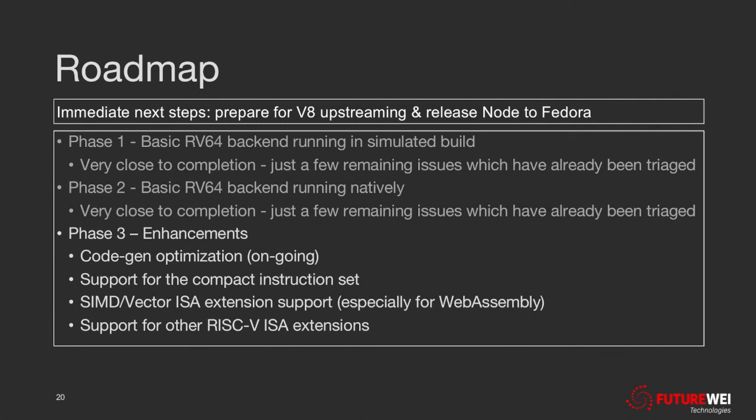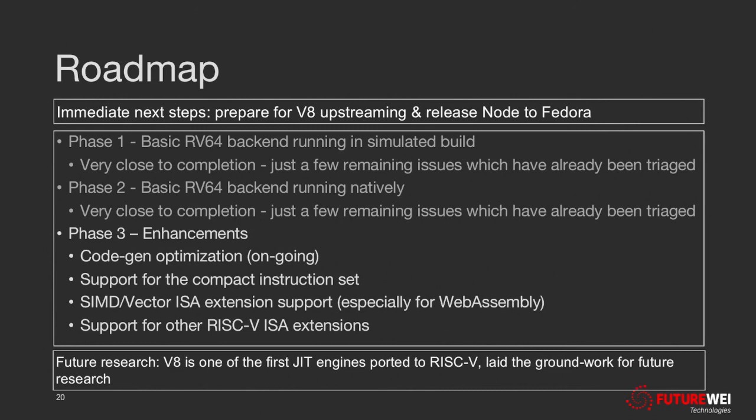There are 2 pieces of work that are ongoing. One is code gen optimization. The other is adding support for the C extension, the compact instruction set. And we would like to engage with the community on the other extensions. For example, we have our eye on SIMD and vector extension support because those are especially important for the WebAssembly front end. But we are waiting for the community to get the other tools ready.